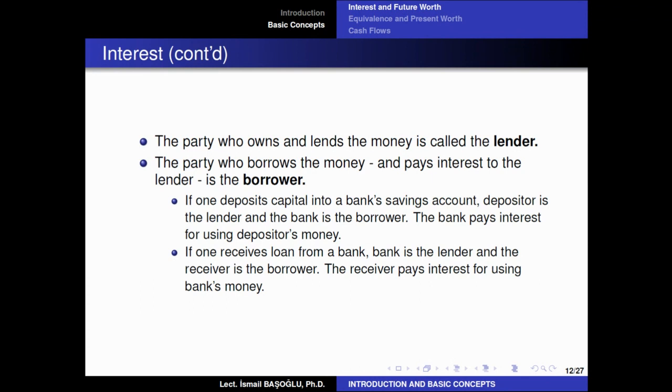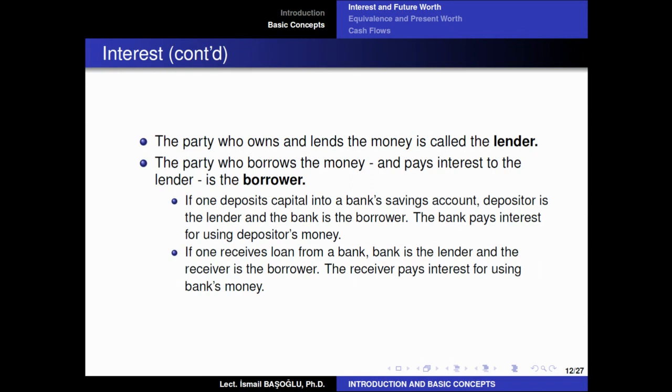Now think the other way around. You can also receive a loan from the bank. Let's just say you are going to start a new business, or you are going to purchase a new automobile, and you can receive some loan from the bank for that. The bank here is the lender, and you are the borrower. So the receiver here needs to pay interest to the bank for using the bank's money.